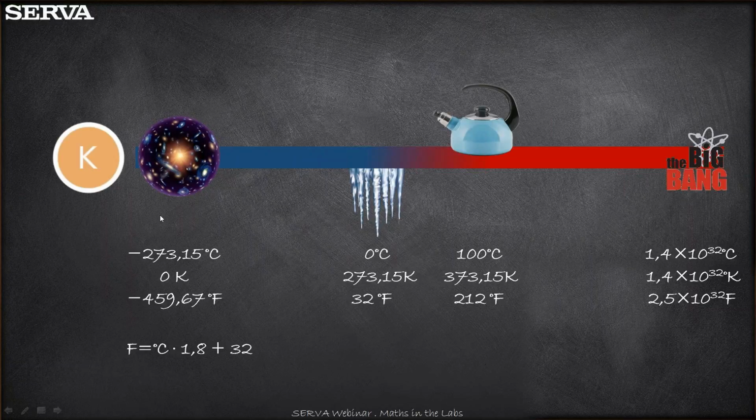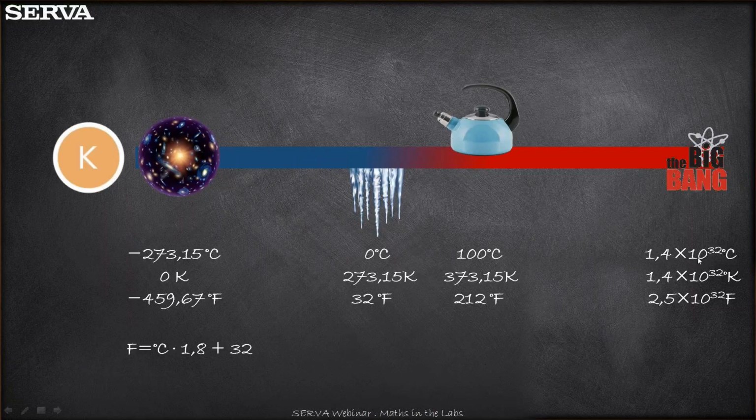So 0 Kelvin was measured as minus 273 degrees, and as the Kelvin scale and the degrees Celsius scale are both linear, you can easily convert the two scales like it is shown here.